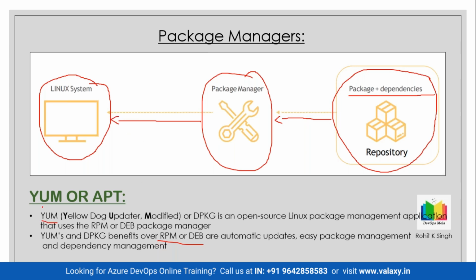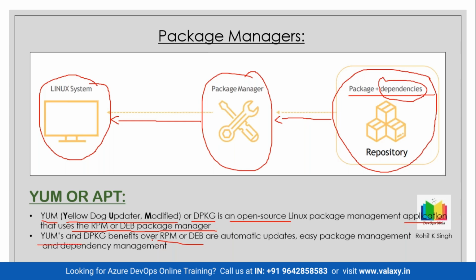So Yum is Yellow Dog Updater Modifier, and then we're talking about APT, an open source Linux package management application that uses the RPM or Deb package manager. So these are two package manager utility tools which work on top of your package manager in order to manage dependencies.